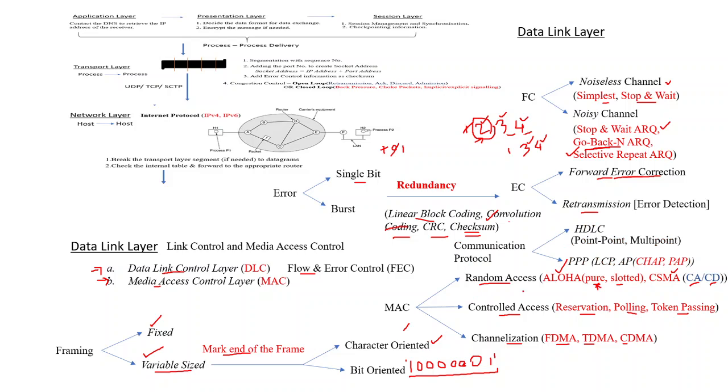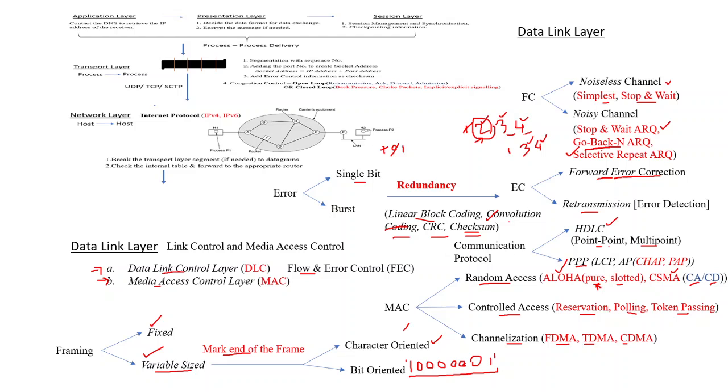And the communication protocol that is used in this layer is the HDLC protocol, which is for both the point to point protocol and the multi point protocol. And we have protocols like the point to point protocol again.